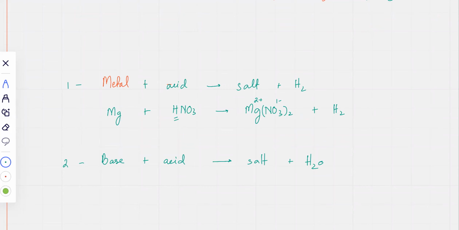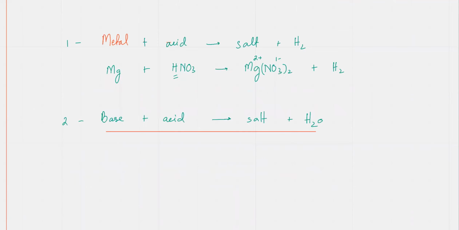So any oxide or hydroxide is a base. This was our second reaction. So base plus acid produces salt plus water.